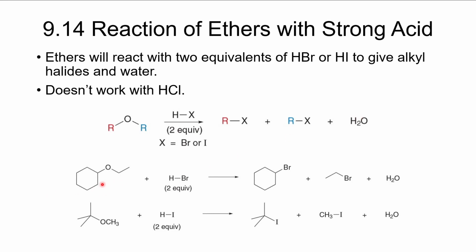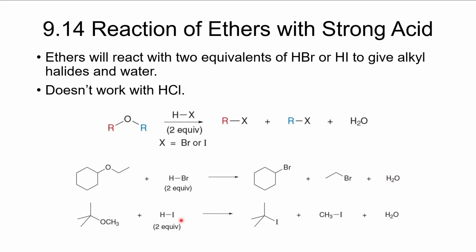Okay, so here is an unsymmetrical ether reacted with 2 equivalents of HBr. So we'll get the cyclohexyl bromide and we'll get the ethyl bromide and then water. Here we have, say, tert-butyl methyl ether.